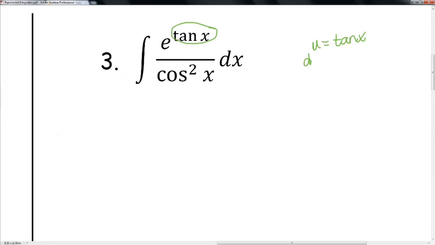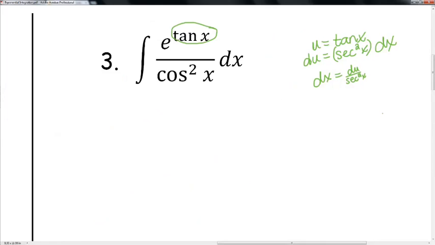That means du is equal to, so the derivative of tangent is secant squared, times dx. So dx is equal to du over secant squared x.